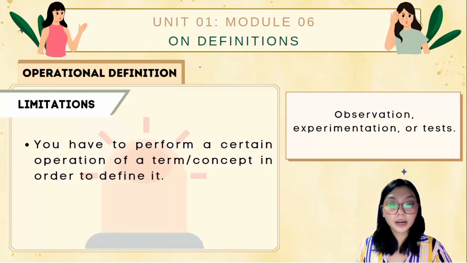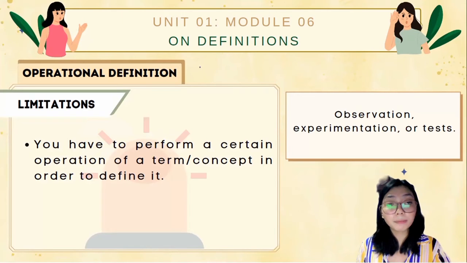And so for the limitation, in operational definition, we can say that the operation that must be performed to define a term or a concept is the intention, while it is a necessary and a sufficient condition for membership that refers to the extension. The intention here is a very strict intention.